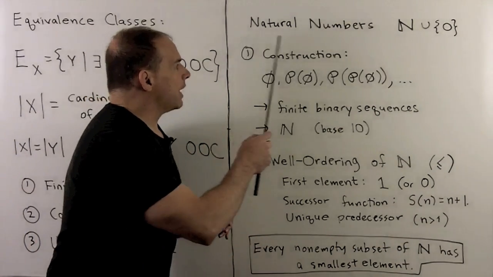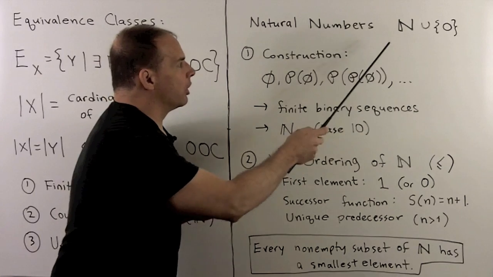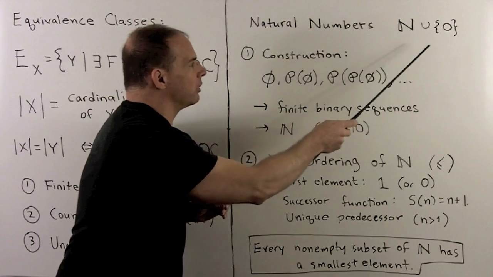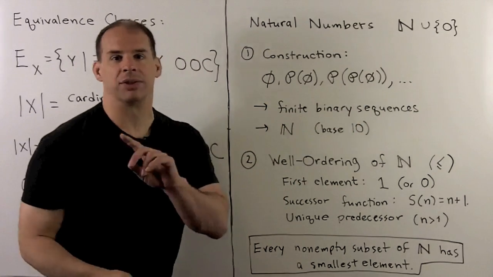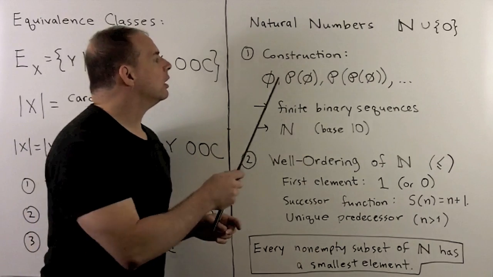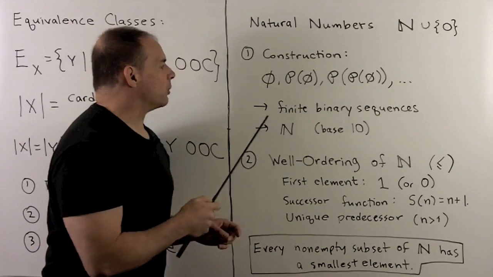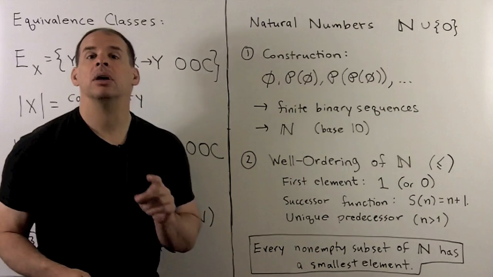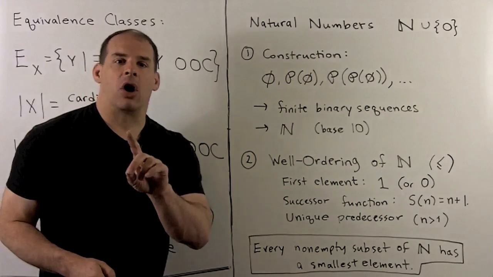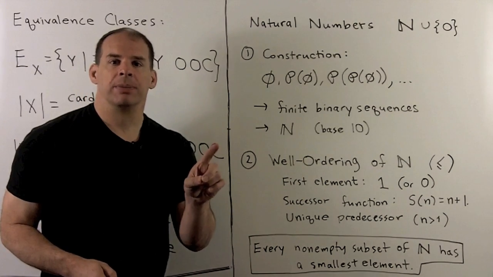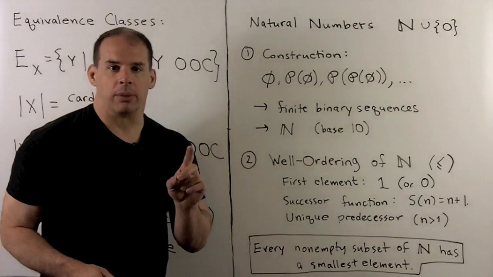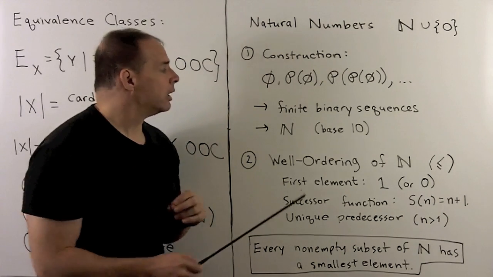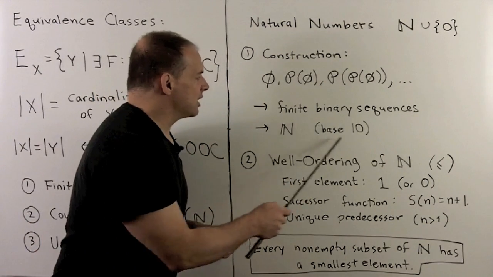Now, recall, for the natural numbers, depending on what book you're reading, you either have 0 or 1 as the first element. To construct these, I could start with the empty set and then just keep taking successive power sets. We've seen from that how to get all finite binary sequences, and those we can consider our natural numbers. To make it more familiar, convert from binary to base 10.